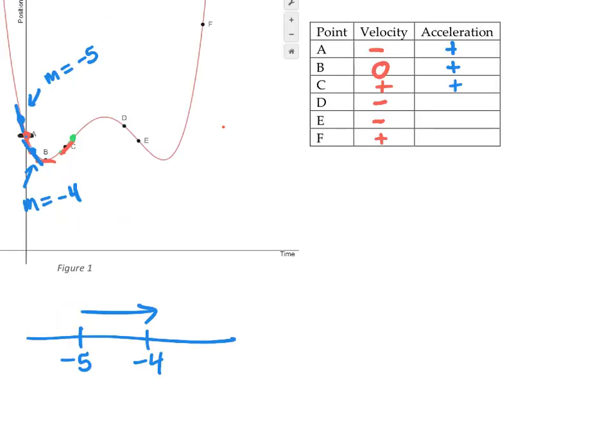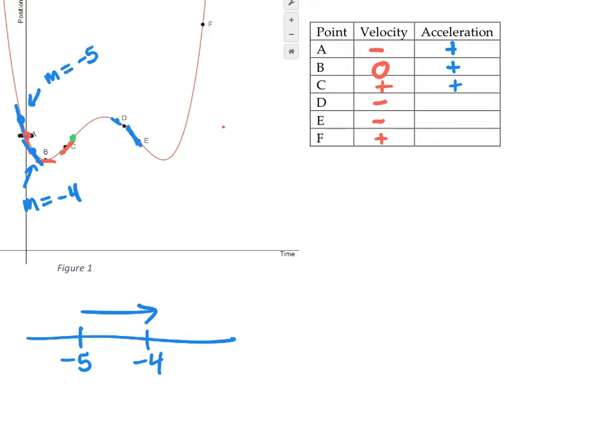Now don't worry if these guesses feel a little bit fuzzy. On the next page, we're actually going to see the velocity graph and be able to definitively answer whether acceleration is positive or negative. Okay, at D, my velocity is negative, but if I look slightly to the left at a tangent line versus slightly to the right, it looks like my tangent lines are getting steeper.